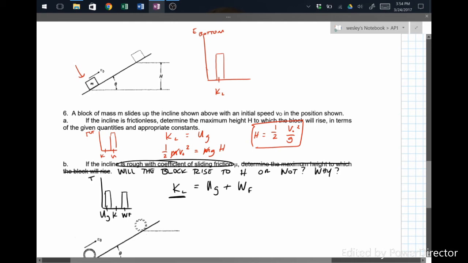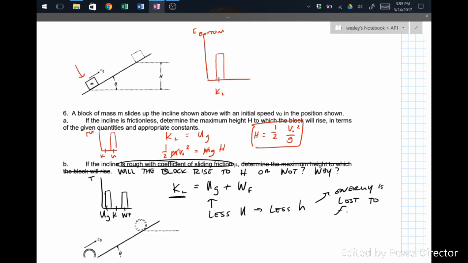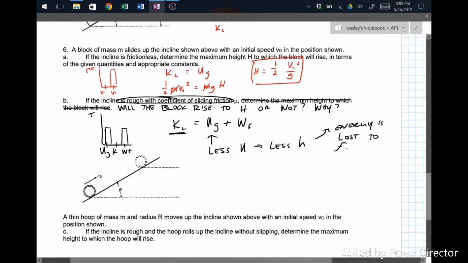It's going to be split in between these two. So we're going to have less potential energy, which means less height. We're not going to make it to h because some of our energy is lost to friction, is lost to heat because of friction. I didn't really want to get into that calculation. It's a little too complicated for this course.